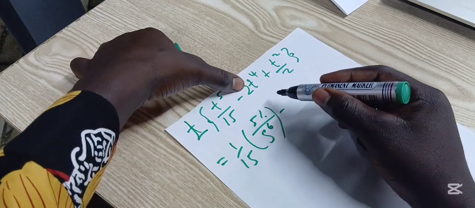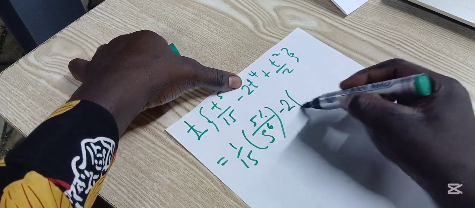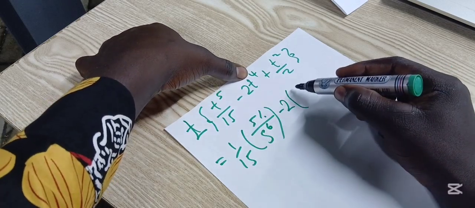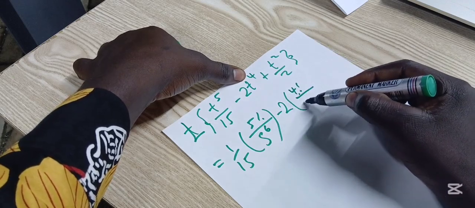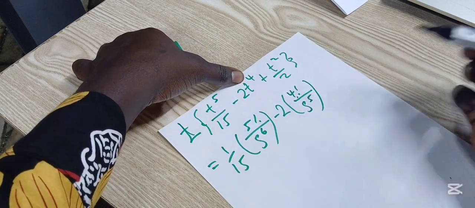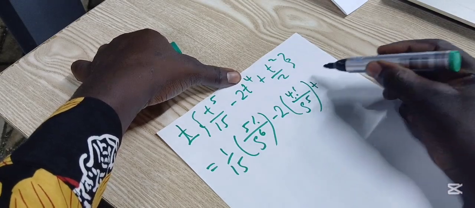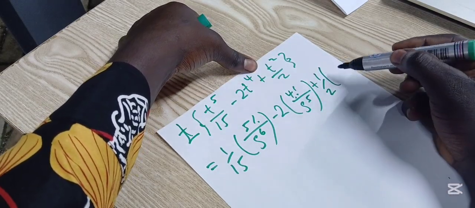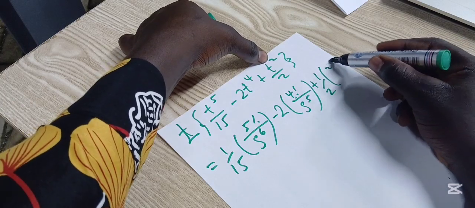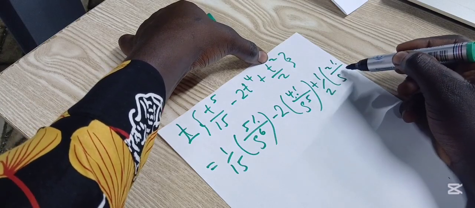This is a coefficient, so just 2. t to the power 4, n here is 4, so 4 factorial out of s to the power n plus 1 giving us 5. And plus this one is 1 over 2 into bracket. n here is 2, so 2 factorial out of s to the power n plus 1 giving us 3.